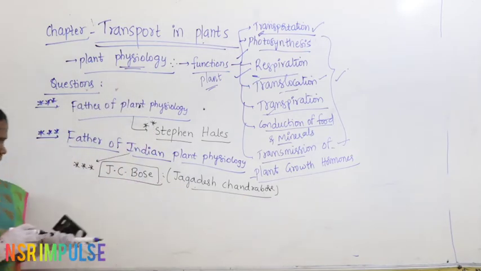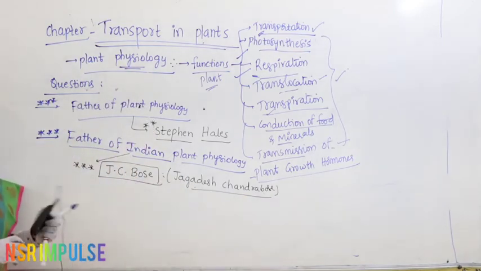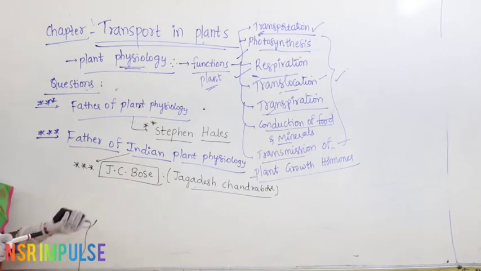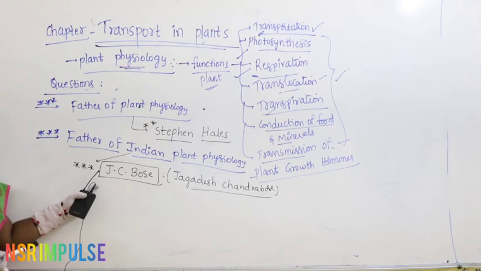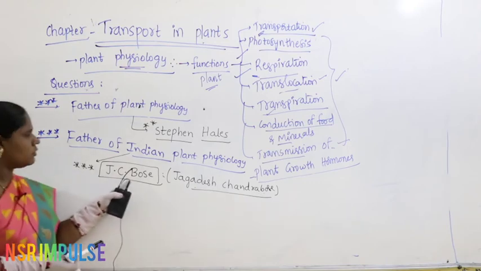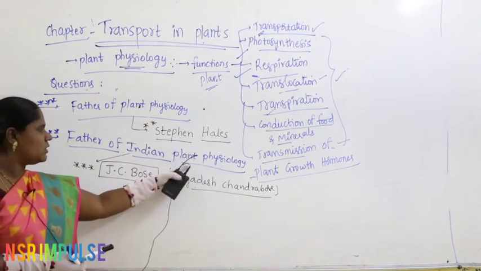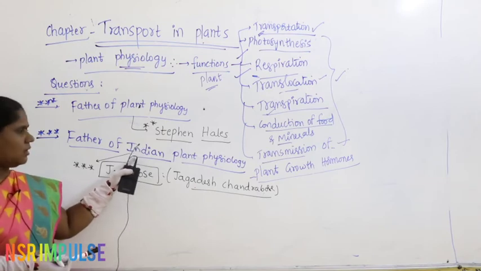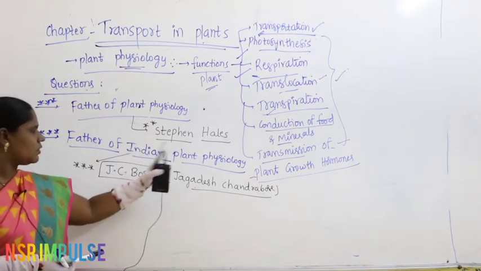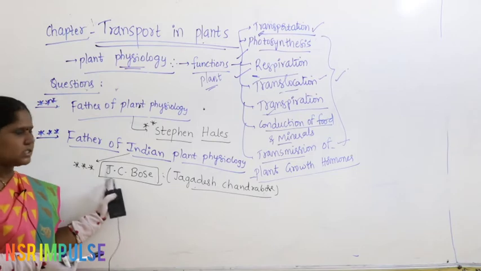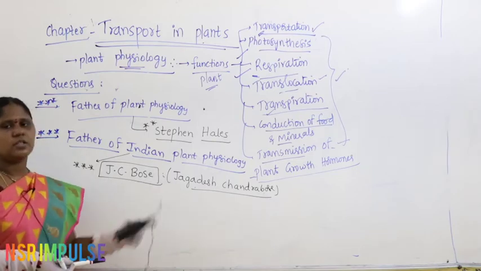Jagadish Chandra Bose, very most familiar person, right, but he was also referred to as scientist, freedom fighter, and also the great scientist who has done wonderful effort in studying plant physiology in our India. So, Indian plant physiology is nothing but JC Bose, Jagadish Chandra Bose.